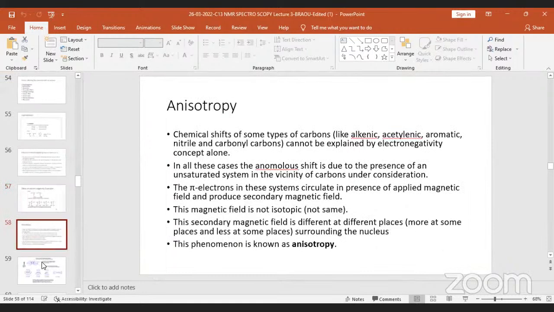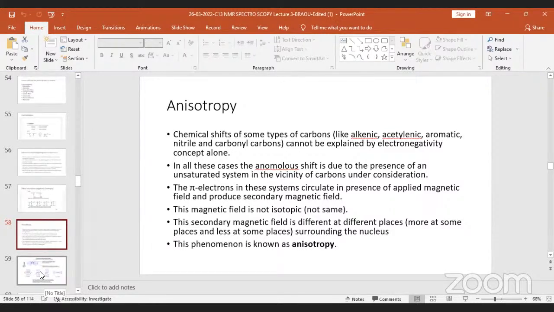Anisotropy means the magnetic field generated by the circulating pi electrons is not the same around the molecule. It is more at some places and less at some places. That is why we call it anisotropy.